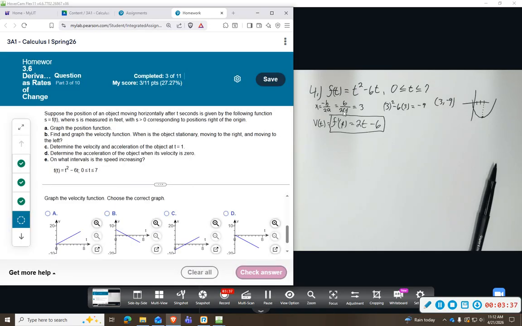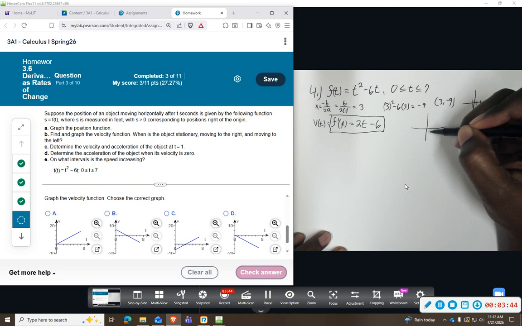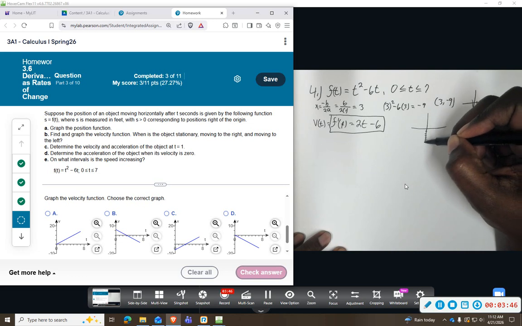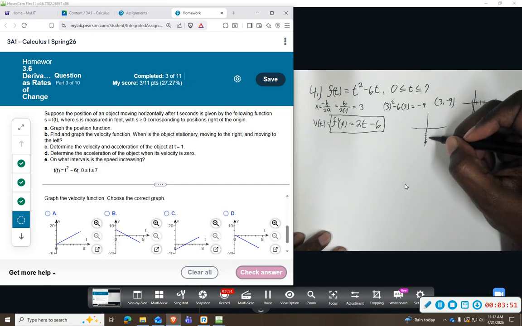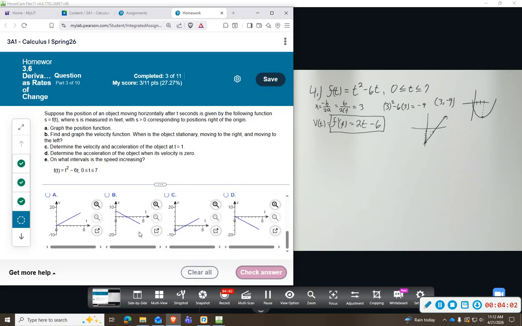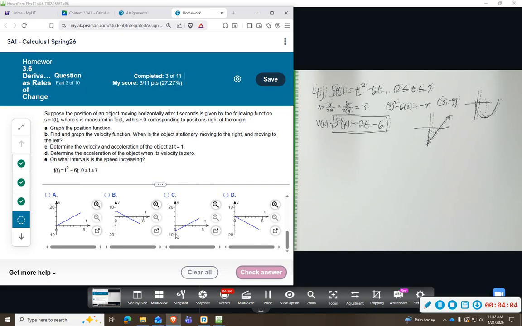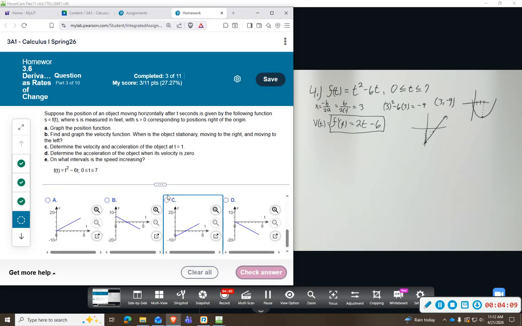If we were to graph the velocity function, this is a positive slope, y-intercept of negative 6. Start down here, and we will go up 2, right 1, up 2, right 1. So we're looking for a line that looks like so. C is the only one that has that negative 6 intercept below and going up to the right.